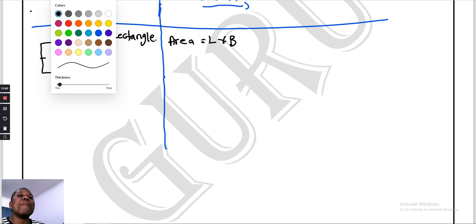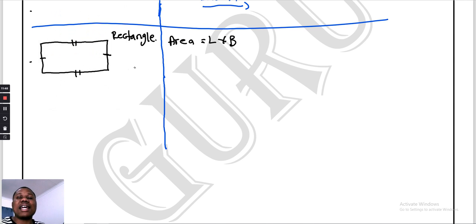It is a must that the examiner gives us the dimensions of the length and the breadth. We don't have to measure them with our rulers, unless it is stated that we must measure the length and the breadth to calculate the area of that object. If the examiner doesn't say so, that means the examiner must give you the length and the breadth.